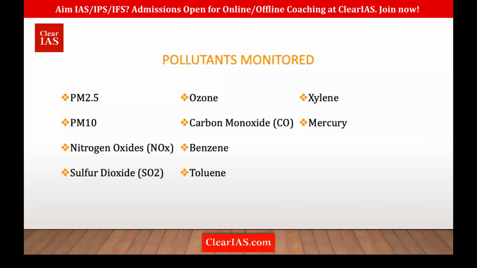Apart from that, we have additional four: benzene, toluene, xylene, and mercury. So they monitor these pollutants, and also the weather parameters in the region. That is what SAFAR does, and it is under the Ministry of Earth Sciences.